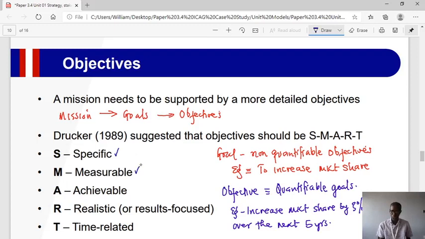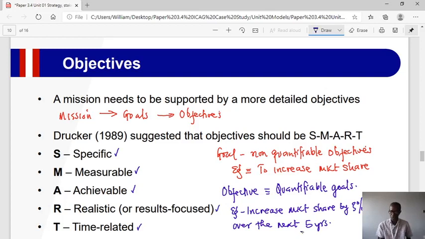So at the end of each year, we will look at what the increase in the market share was and compare it with whether we have achieved the 3% or not. It should be achievable. It should not be exaggerated. It should be realistic or result focused, and it should have a time boundary, or it should be related to specific time.